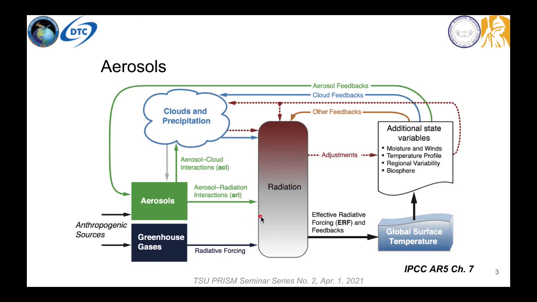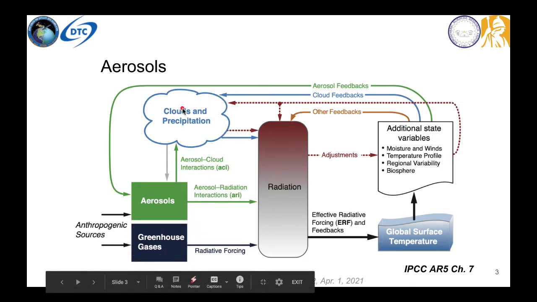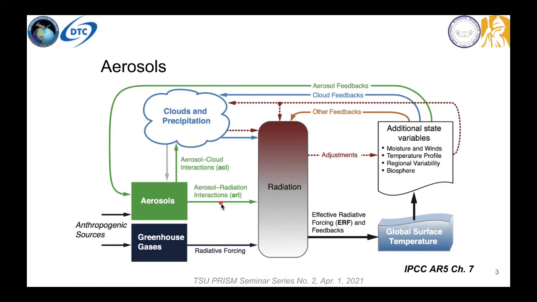The figure shown here comes from the IPCC. It shows the complicated pathways of forcing and feedback of aerosols, greenhouse gases, and cloud in the Earth system. So we just focus on aerosols, those green arrows here.